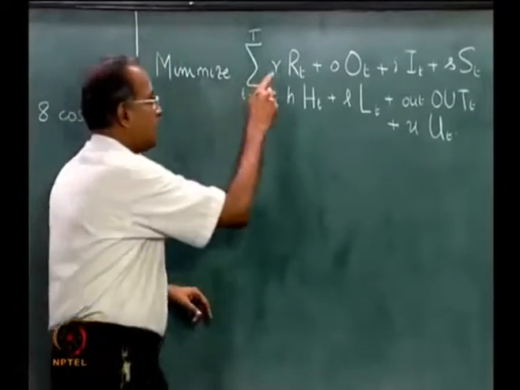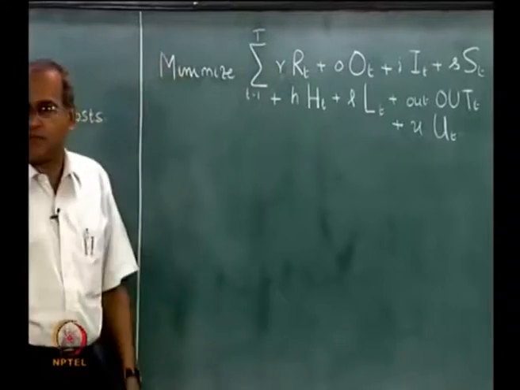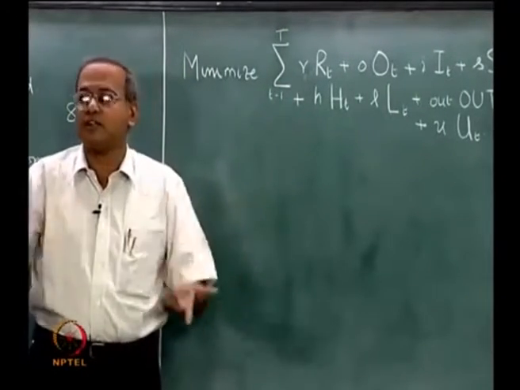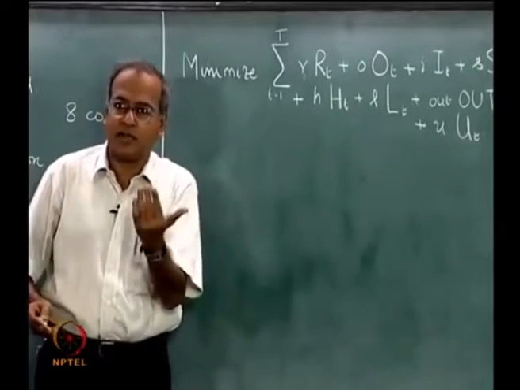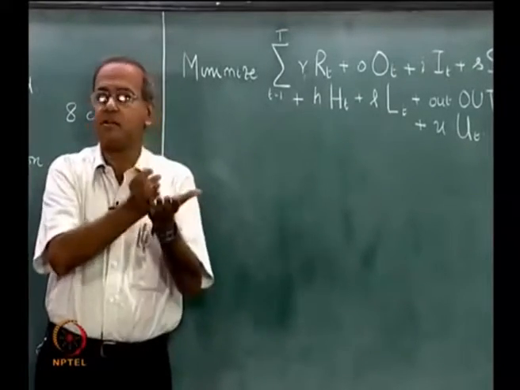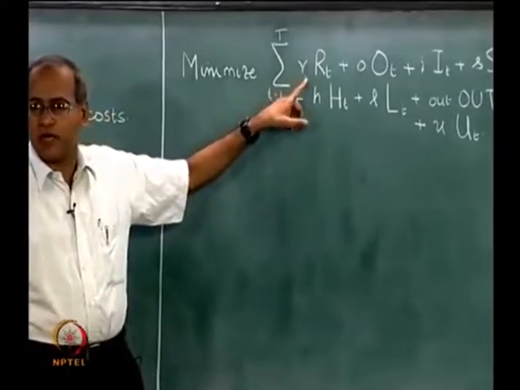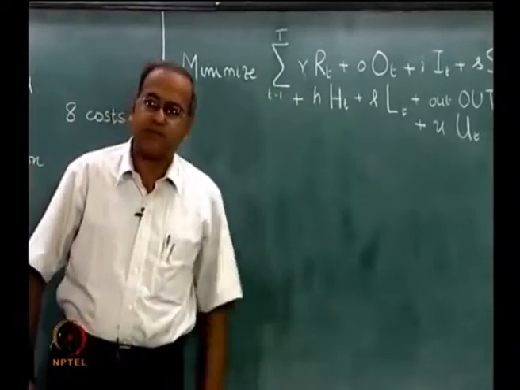Therefore, it would be difficult to have an R_t and say that if we are looking at 12 periods, it would be difficult actually to give 12 different values and say that regular time cost was so much in the first period, so much in the second period, and so on. So it is customary to use the same value of R across all 12 periods.